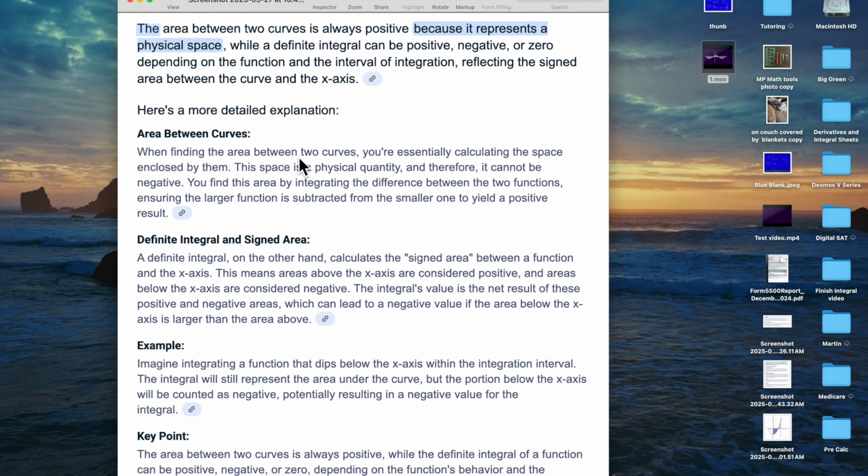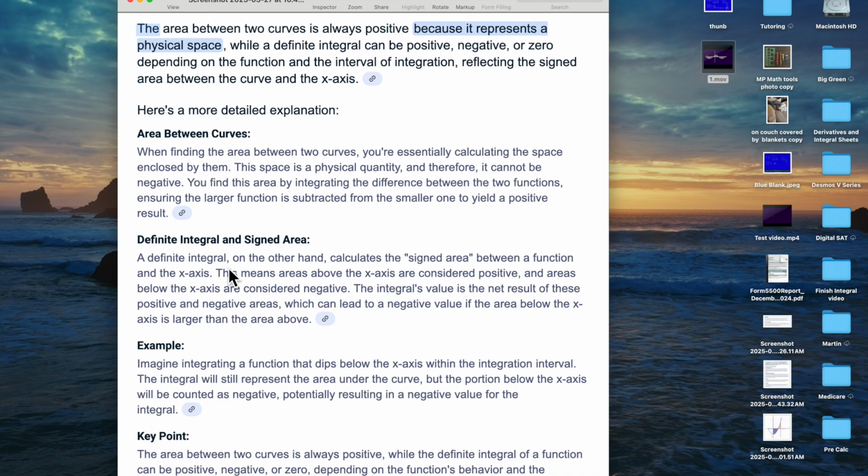When you're finding area between the curves, you are calculating the space between them. It's a physical space, a physical quantity. The integral is set up so that the larger function is going to come first, and you're going to subtract the smaller one to yield a positive result.